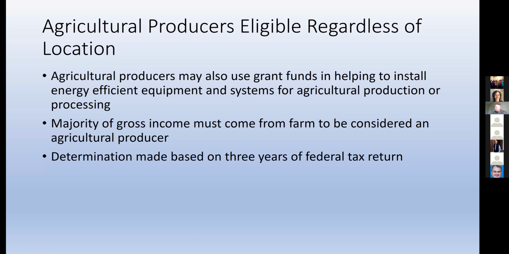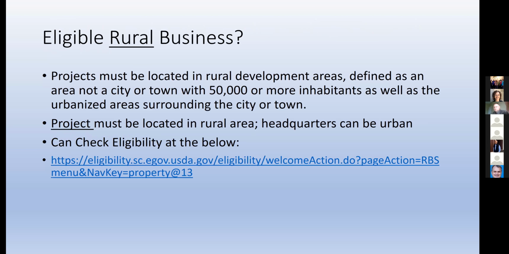That determination is typically, or really, I think always, based on 3 years of federal tax returns. In the form itself, you would have to put in your 3 years of income from the farm that you indicated in your federal tax return. That's how you'd meet that. They could tell if you met that qualification, that and any outside farm income.